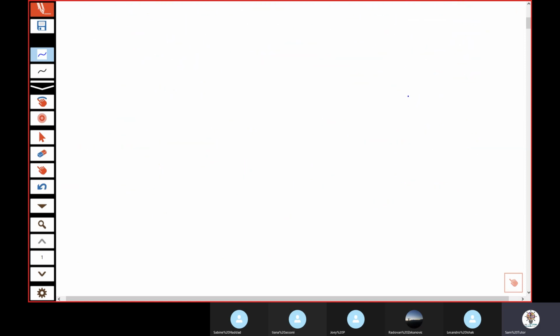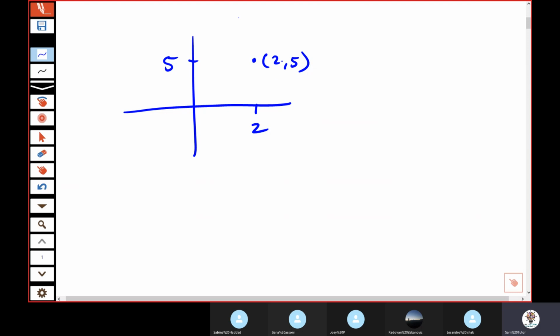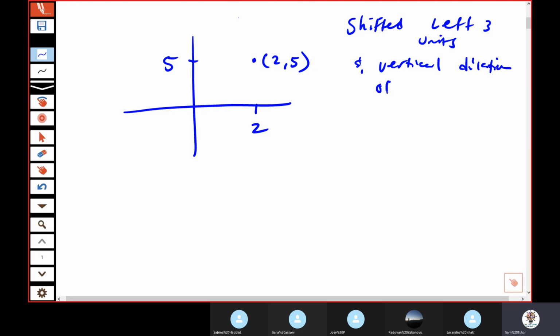If I told you I had the point x is 2 and y is 5, (2, 5), and I shifted left 3 units and then a vertical dilation of 2 and then a horizontal dilation of 3, because if you can understand this one then you'll understand everything. Okay, let's see what the heck has happened.